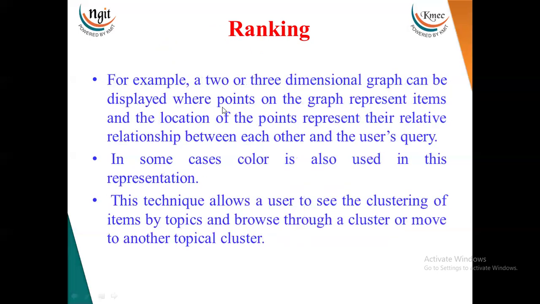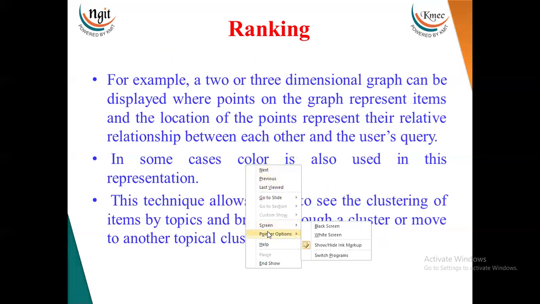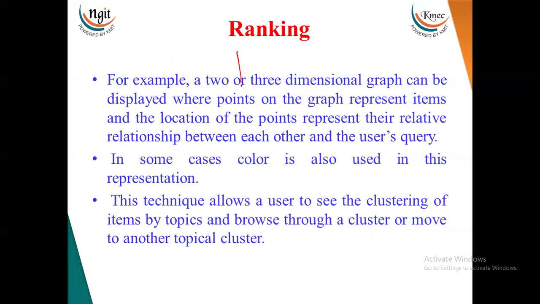For example, a two or three dimensional graph can be displayed where the points of the graph give the relationship between items. As I just explained, when I draw two elements, one element's graph is like this, and another element's graph is like this. I will go for the coincidence part where both are related, and this element will be identified.